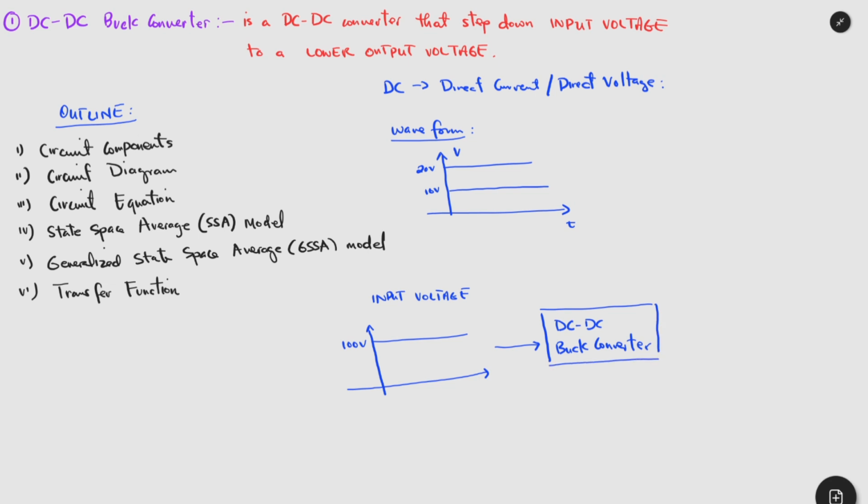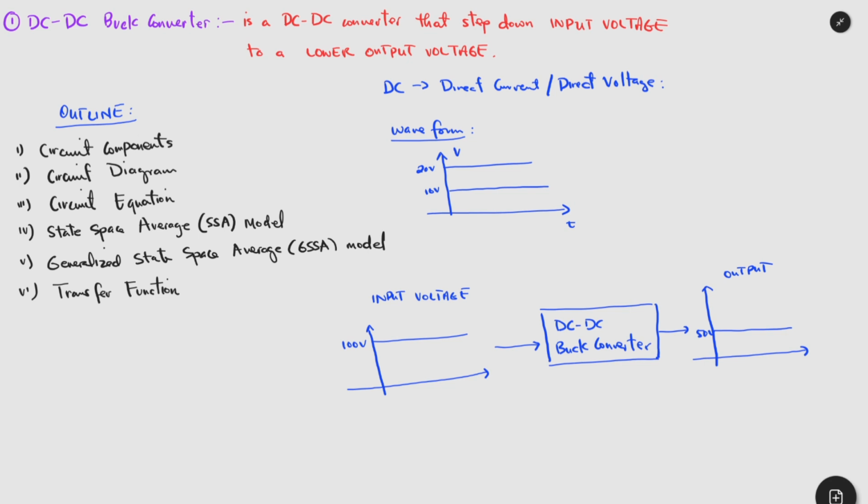From definition, it will step down the input voltage to a lower output voltage. So our output voltage, we can say, is 50 volts.